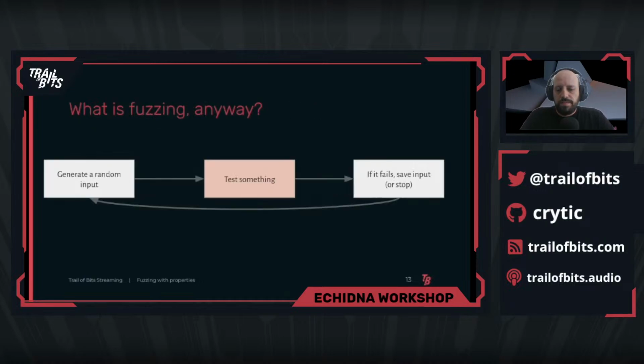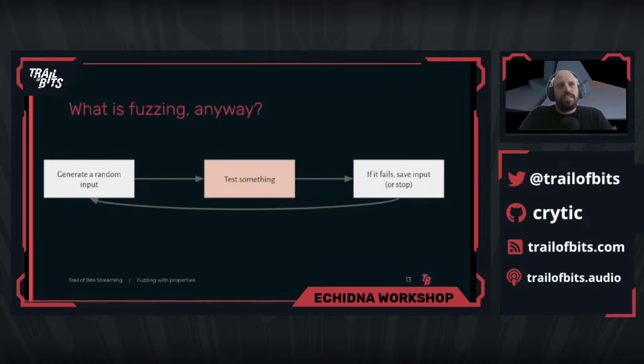So back to fuzzing. The general idea of fuzzing is that you have something to test and you throw at it random inputs with the hopes of breaking it and know which inputs generate failure in the system under test.